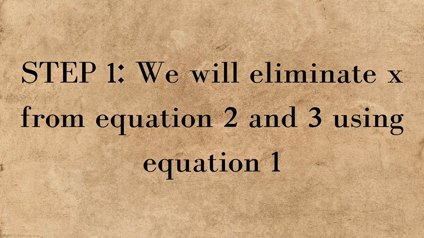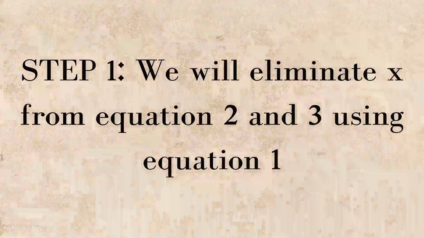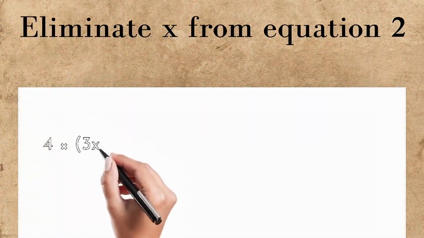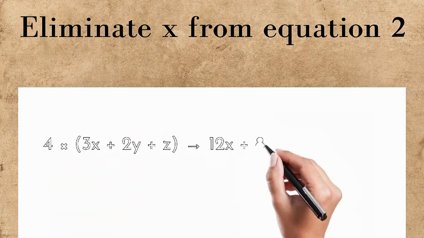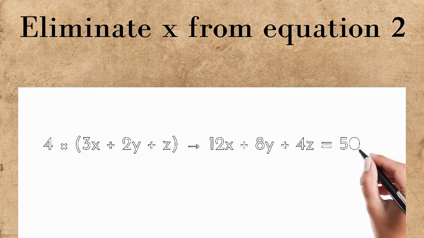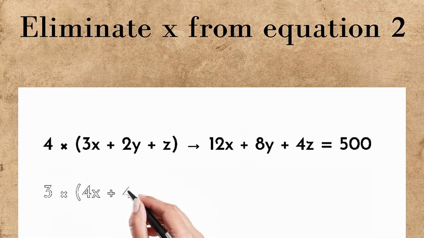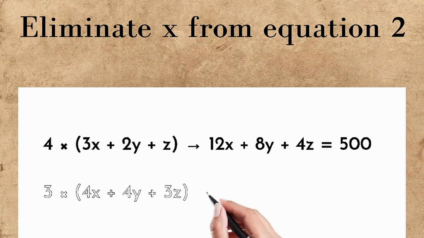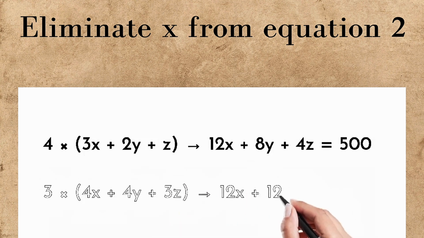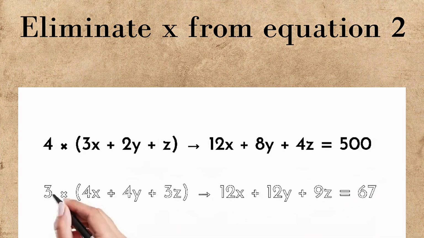We'll eliminate x from equations 2 and 3 using equation 1. Eliminate x from equation 2. Multiply equation 1 by 4 and equation 2 by 3 so that both have 12x.